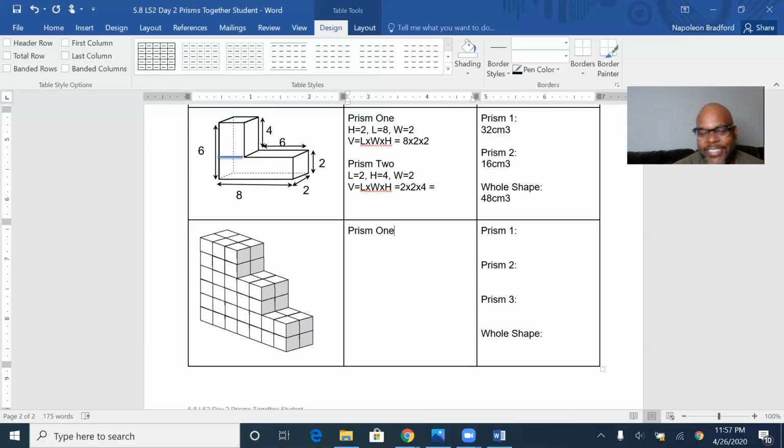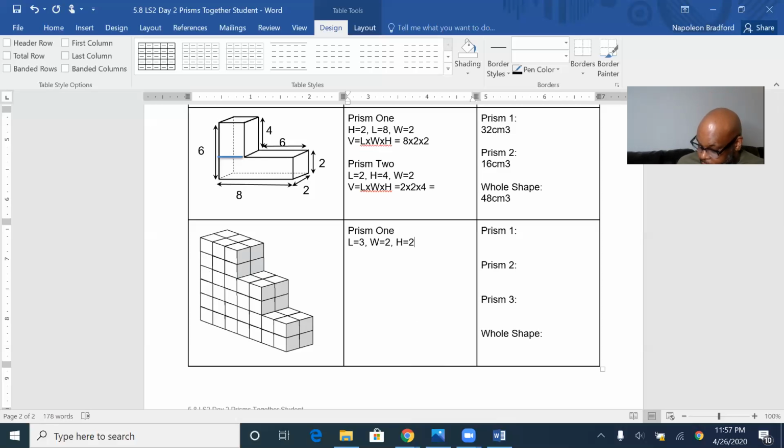We said prism 1 is the top prism. 5 seconds. Good. All right. So prism 1 has a length of 3. It has a width of 2. And it has a height of 2.